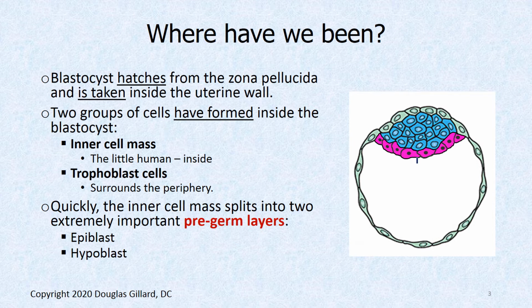And we talked about the first gene differentiation. Genes turn on and cause the cells to morph into two cell types. A trophoblast layer, which is around the outside here in green, and then an inner cell mass in the middle. And then more cell differentiation occurred, and we got two very important pre-germ cell layers.